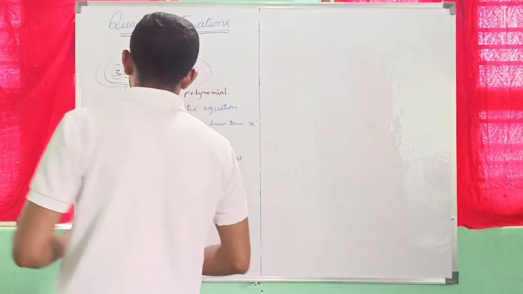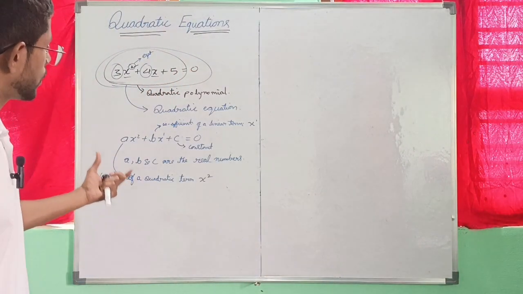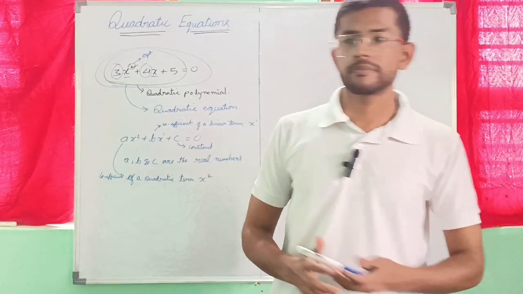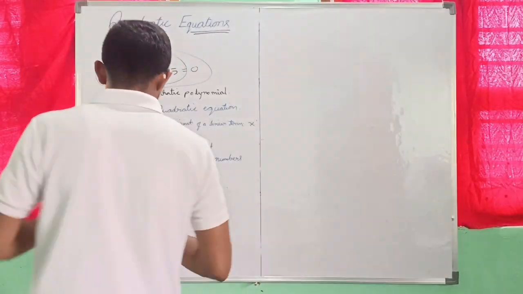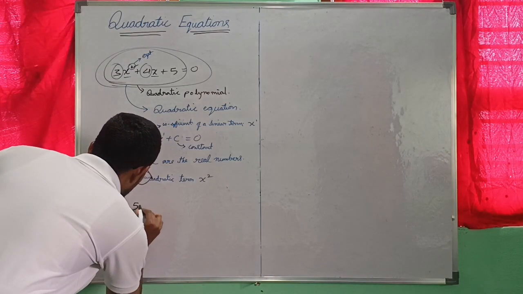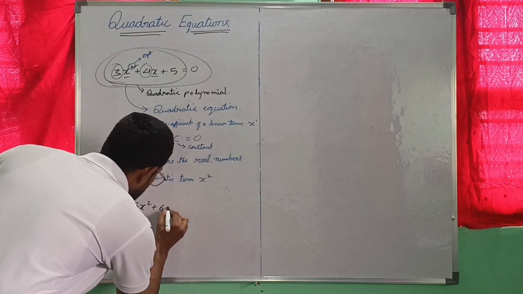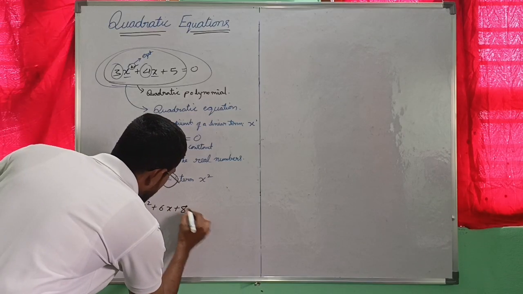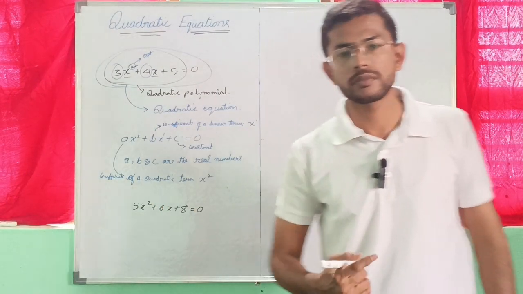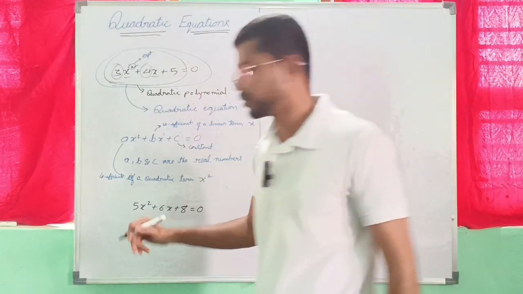Let's take an example for quadratic equations. Tell me, is this a quadratic equation? 5x squared plus 6x plus 8 equals 0.